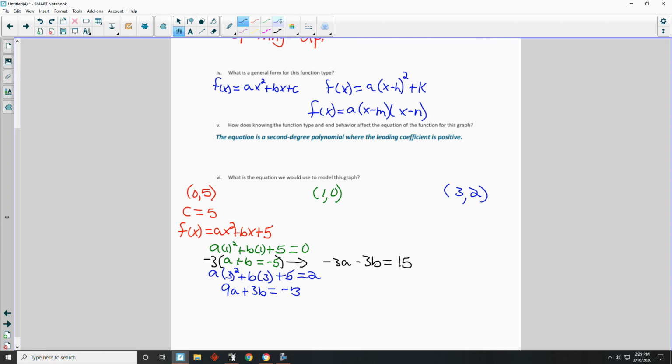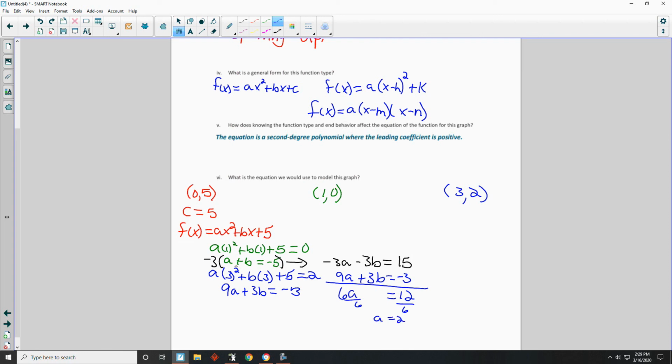Then when I line up 9a plus 3b equals negative 3, I can solve this. Negative 3a plus 9a is 6a. Negative 3b plus 3b cancels. 15 plus negative 3 is 12. Divide both sides by 6, and a is 2.